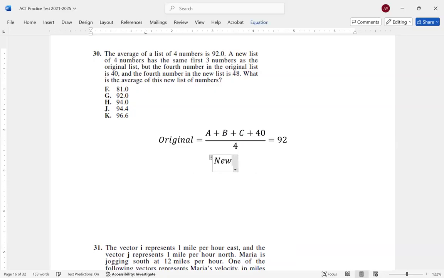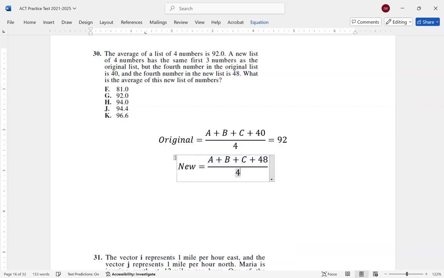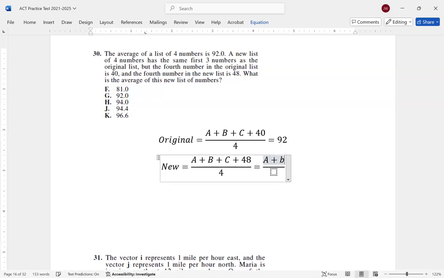The new list will have the first 3 numbers being the same, the A, B, and C being the same, and the 4th number as 48. We're trying to find the average of that. Well, we can do that by breaking up that 48 into a 40 plus 8. So think of this as A plus B plus C plus 40 divided by 4, and then the 8 we're going to tack on, and we have to divide that by 4.